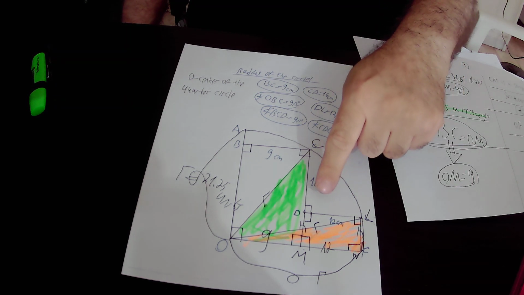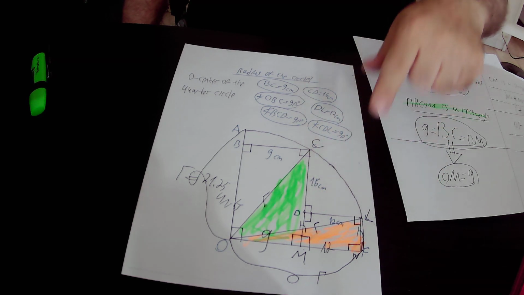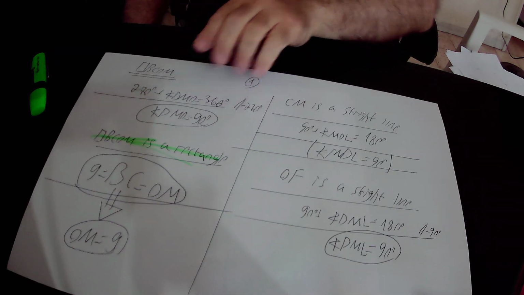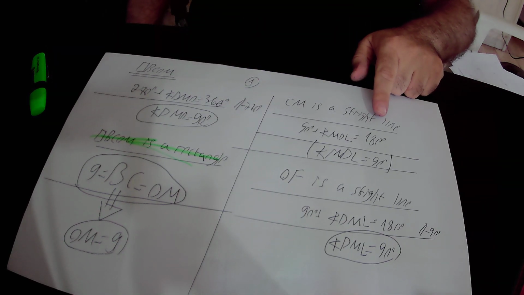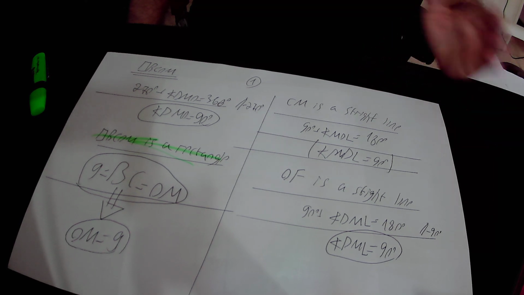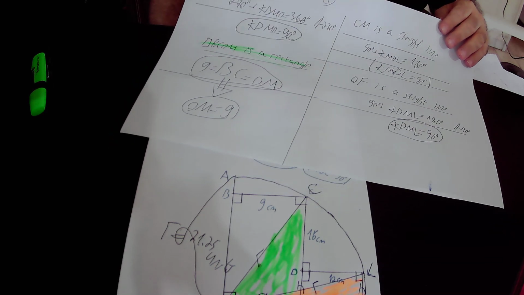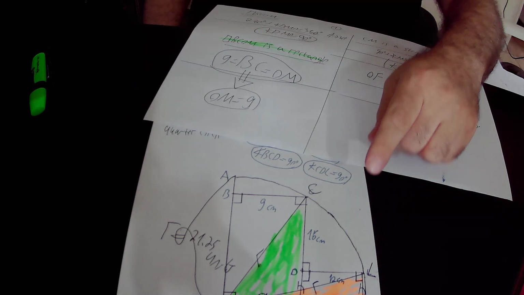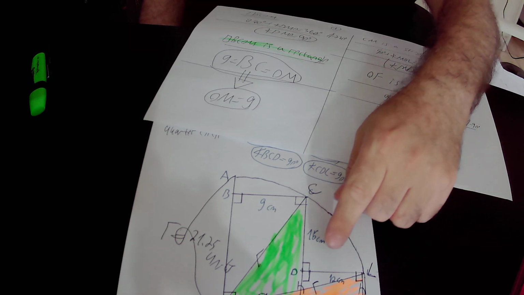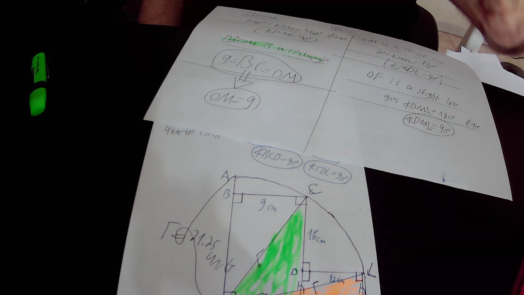On this side we have 90 degrees plus angle MDL, which must equal 180 degrees. Subtracting 90 degrees, we found that angle MDL equals 180 degrees minus 90 degrees, which is 90 degrees.